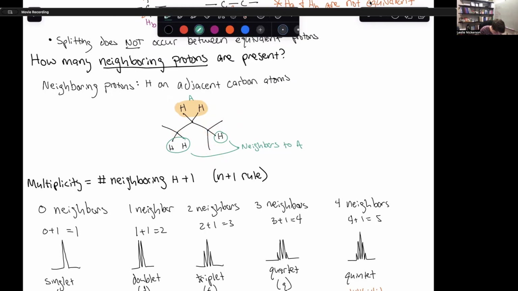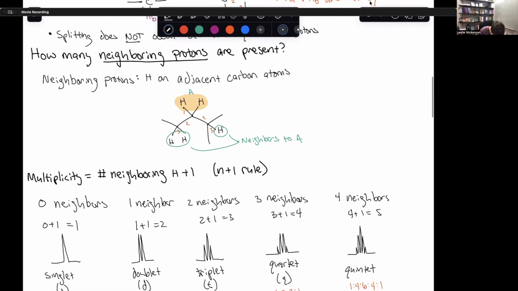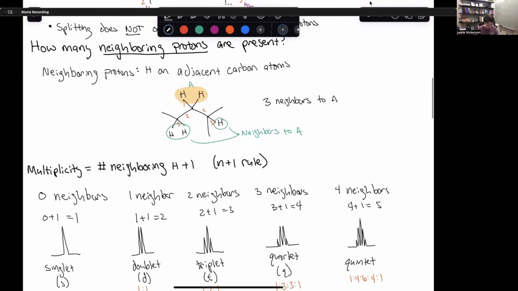And again, this is an example of that 1, 2, 3 sigma bond splitting or coupling to help us find those neighboring protons. So this would have 3 neighbors to our A protons.